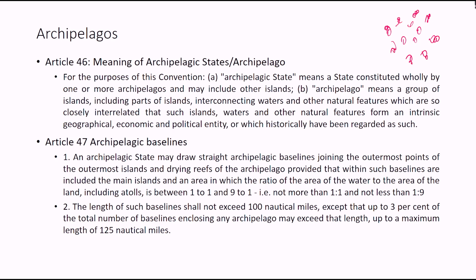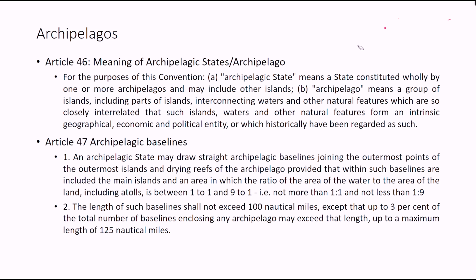So, this is an archipelago, we have taken into account the outermost points of the outer islands and we will join these points, and these points will be identified on the basis of the low tidal point. Once they are all joined, a line would be created which will be known as the baseline, and from this baseline we can calculate the territorial water or exclusive economic zone or contiguous zone or continental shelf.